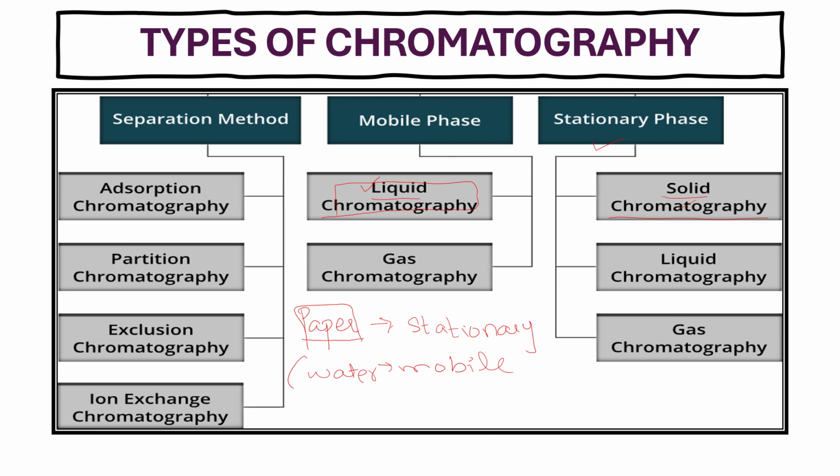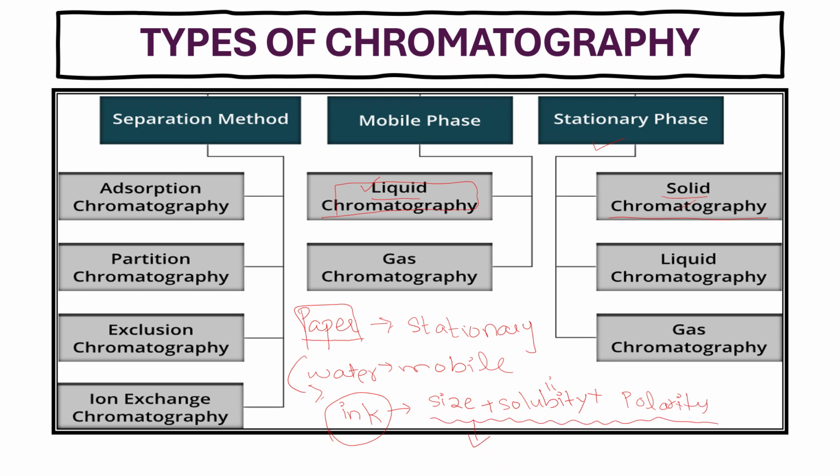In paper chromatography the mixture we took was ink, and all the color molecules in that ink have their own size, their own solubility in the water, and in the water present in the stationary phase as well, and they all have their own polarity. So their solubility, size and polarity varied.